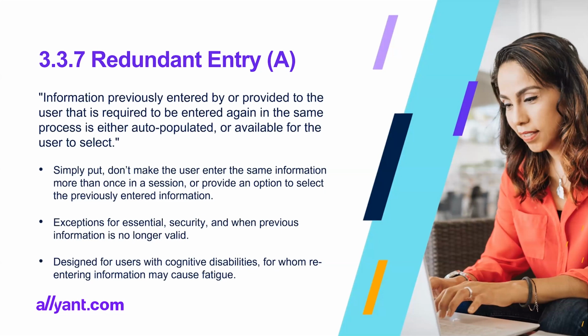And when previous information is no longer valid. So if for some reason that information has changed or would have been expected to change, then obviously giving the user the ability to pull it over is not going to be helpful because it's not valid anymore. And so that would be exempt from this requirement as well.